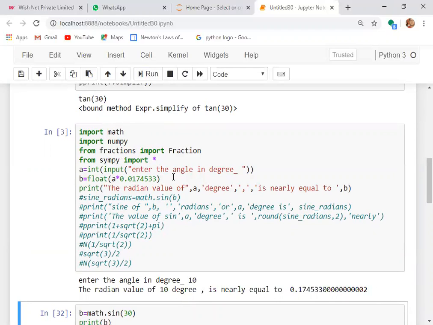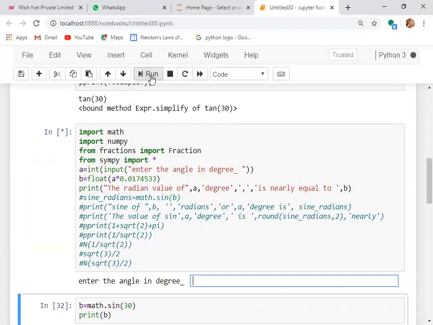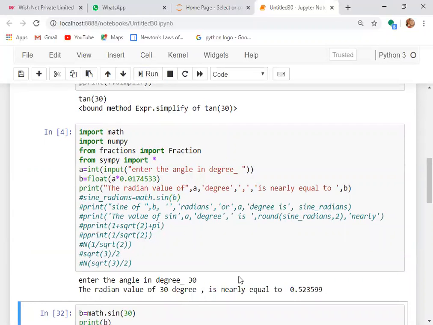If you run the program again and put 30 degree, the 30 degree in radian is actually a very small value. It is 0.523599. So the radian value of 30 degree is nearly equal to 0.52599.